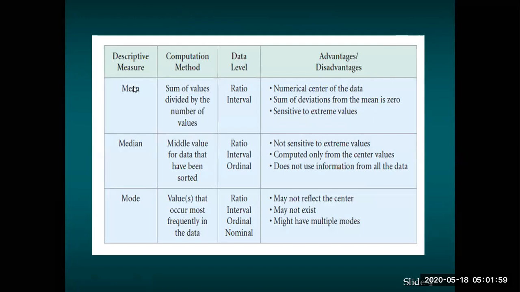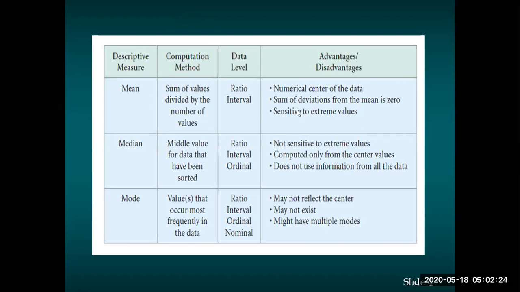So if you take a look, arithmetic mean, that's the simplest average. This is usually taken as a sum of values divided by the number of values. It has a simple formula. It is done for ratio or interval scale data, and it is sensitive to extreme values.